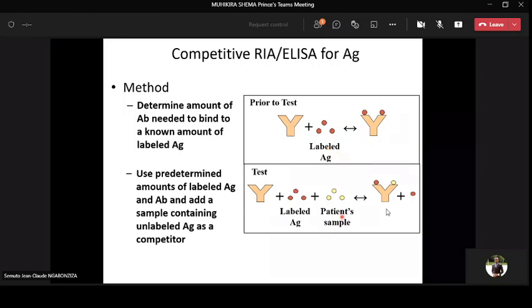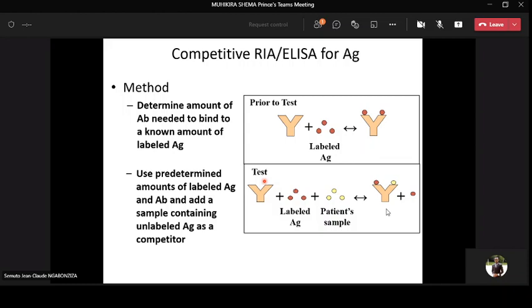And you also have the patient's antigen. Beside the labeled antigen, you can also have the patient's antigen.